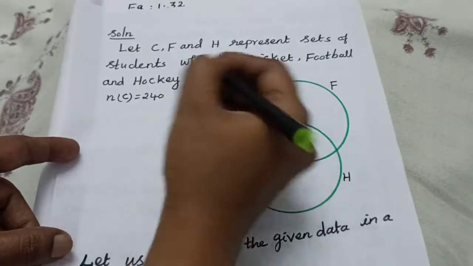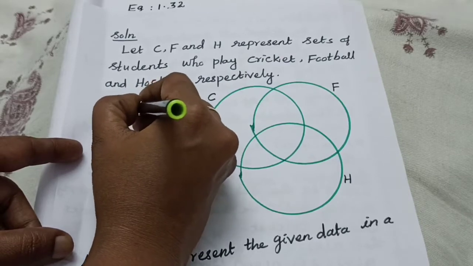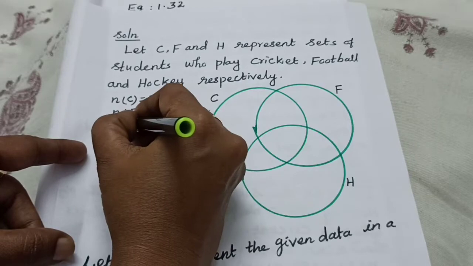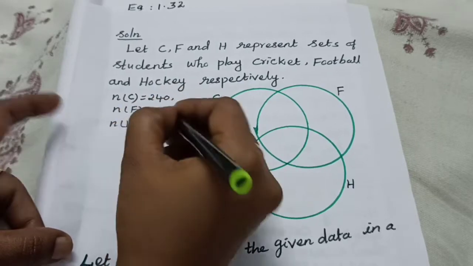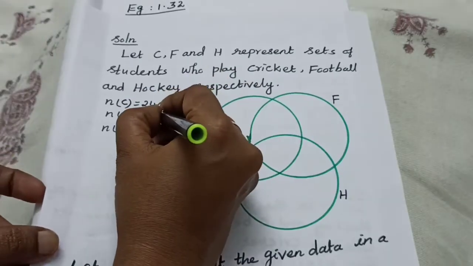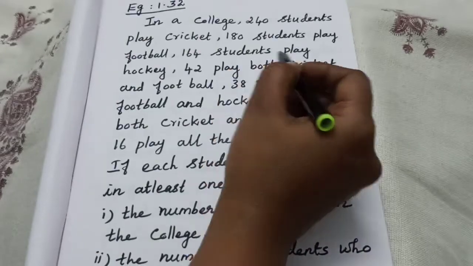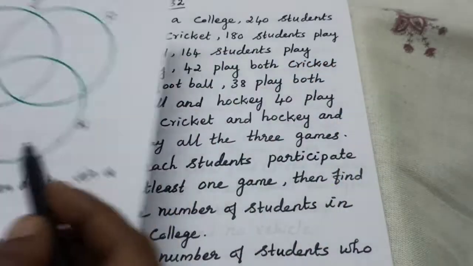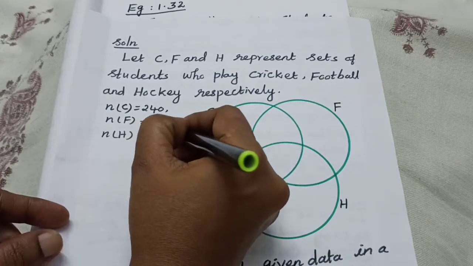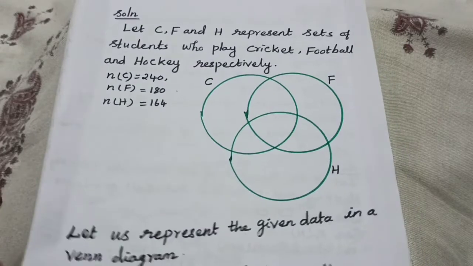Then N of F is equal to 180. Then N of H, those who play hockey: 164 students play hockey, so N of H is 164. Okay.